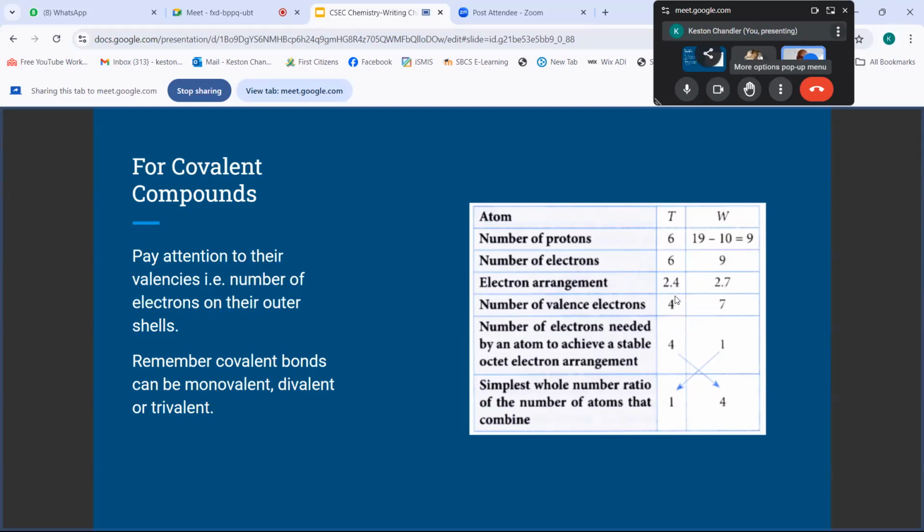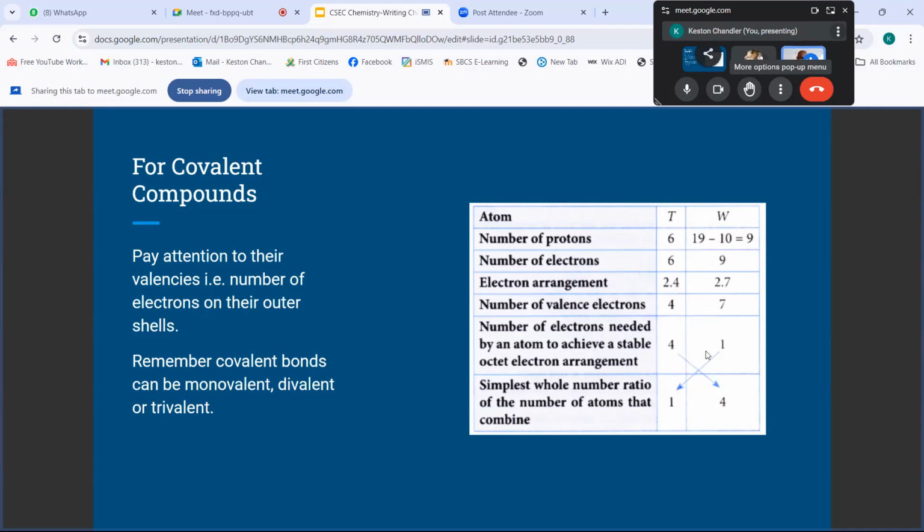But anyway, what we want to do is when we write the formula for our covalent compound, we take the valence electrons and we swap them in order to create the simplest whole number ratio of the number of atoms that will combine. So if I am bonding T and W, what will happen is I will get TW4, right?